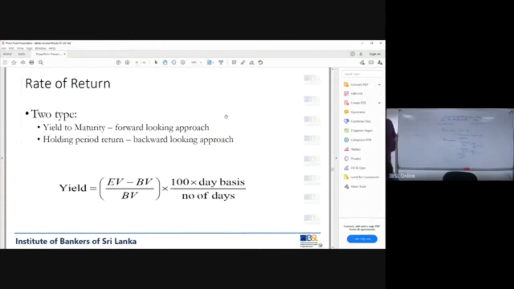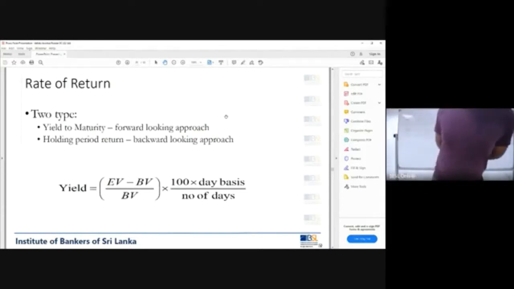First one is yield to maturity, which is a forward-looking approach, and holding period return, which is a backward-looking approach. Right? You can calculate two types of returns. Yield to maturity: if you hold this bond until it matures, what is going to be your return? And the holding period return, which will calculate your return for whatever period you had held it. Right? That's a backward-looking approach.